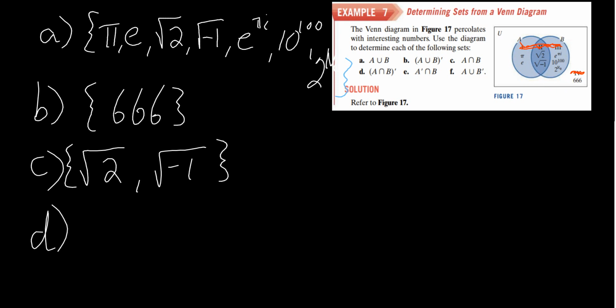So it's going to be pi, e to the pi i there, 10 to the 100, 2 to the aleph null there, and 666.